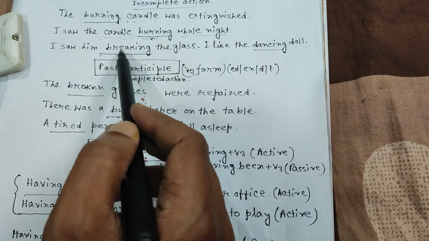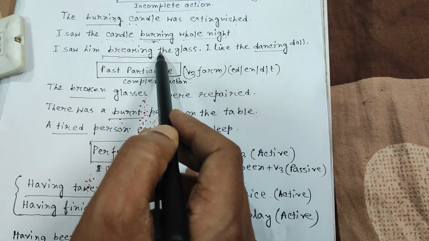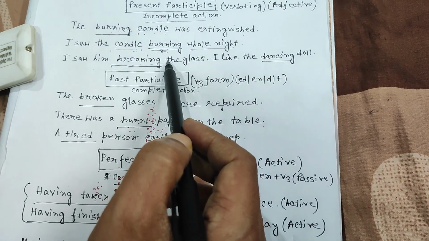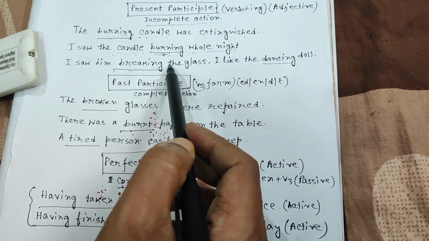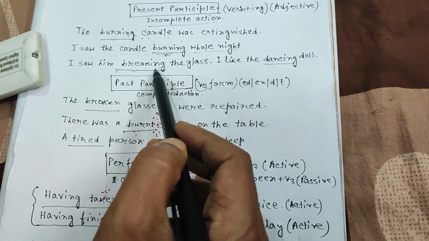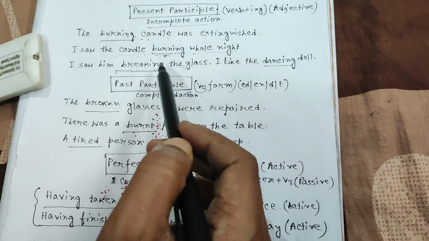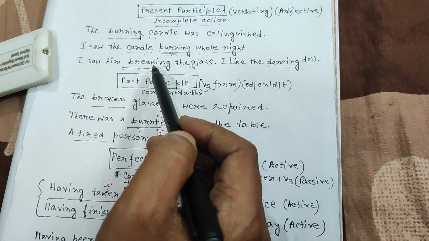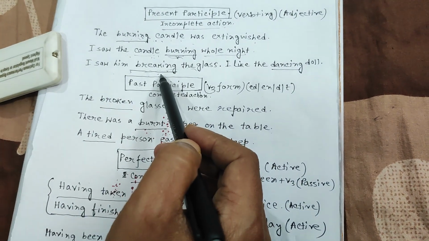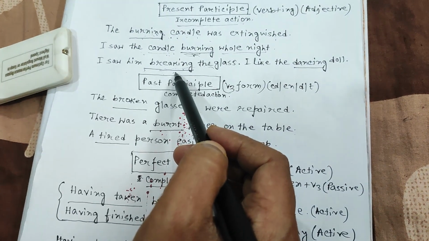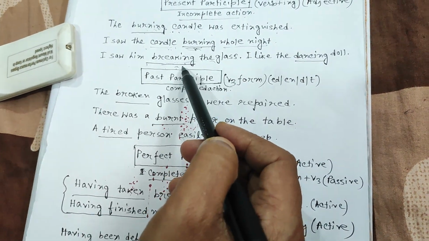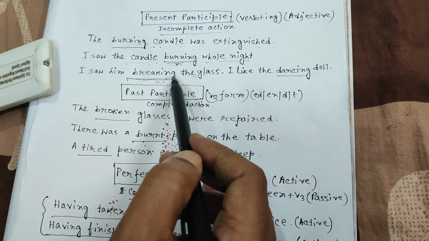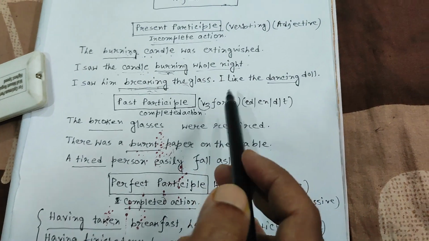A boy or a girl was breaking the glass. Suddenly I saw him or her, engaged in that activity. He was in the process of breaking the glass, and just at that moment, I saw him. But the action of breaking was not completed yet. That is why present participle is used for incomplete action.